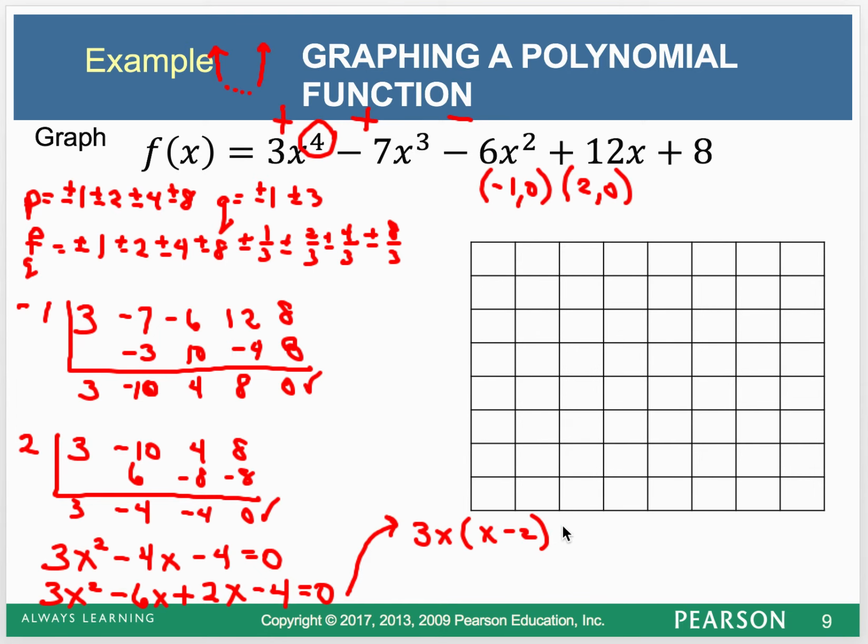And if I factor out a 2, that's going to leave x minus 2. So x minus 2 and 3x plus 2. That means x equals 2. Oh, we got some multiplicity going on here again. And x equals negative 2/3.